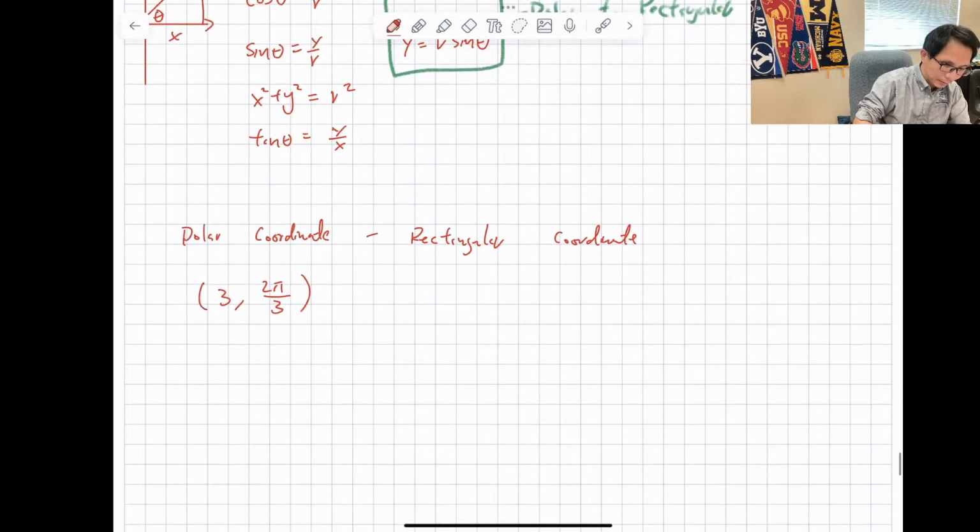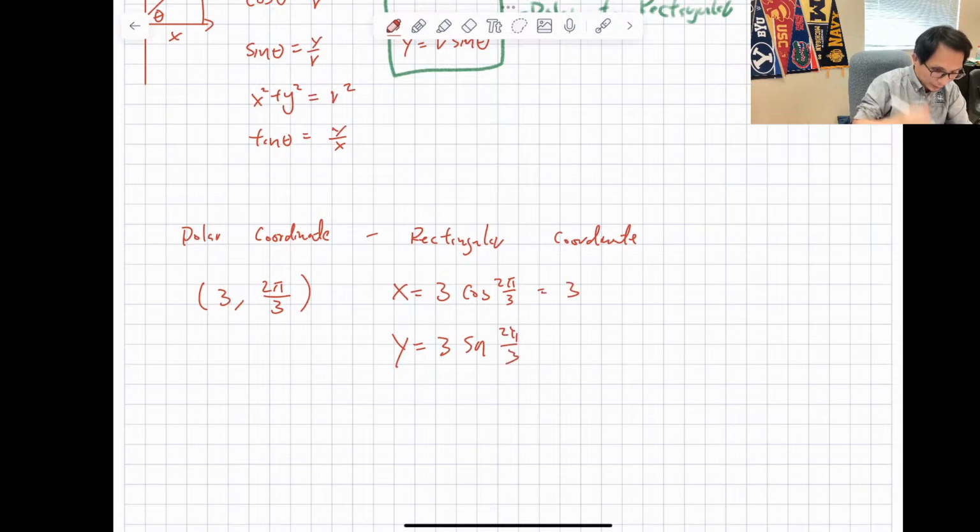Okay, so how do I change this to rectangular? Basically, just plug in the formula, which is 3 cosine of 2 pi over 3. Is that okay? And y is equal to 3 sine of 2 pi over 3.